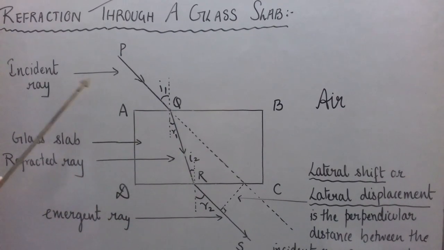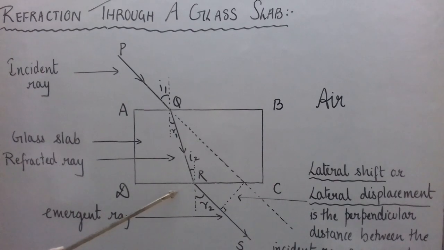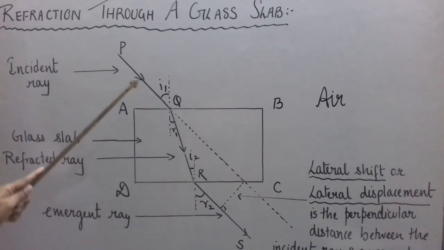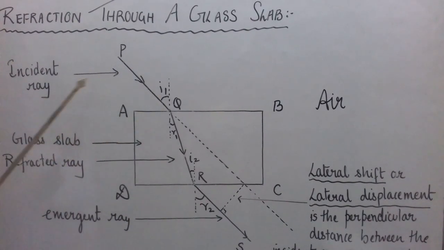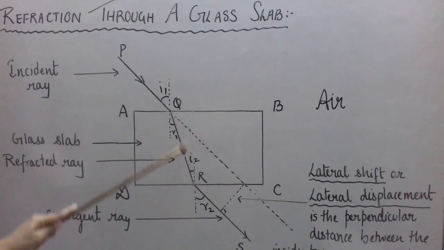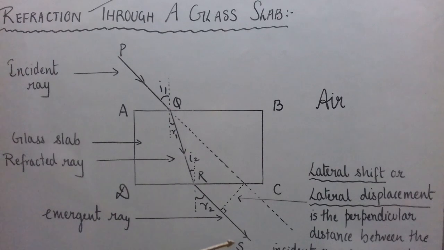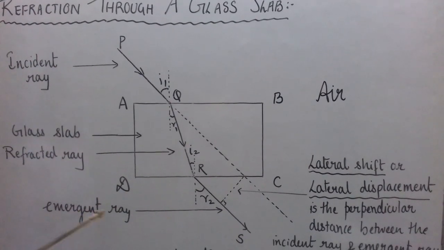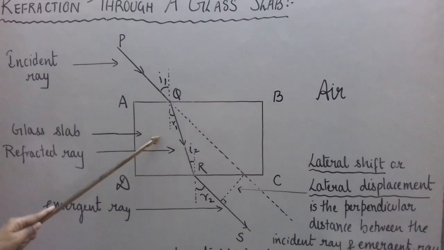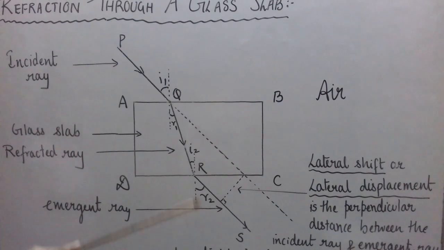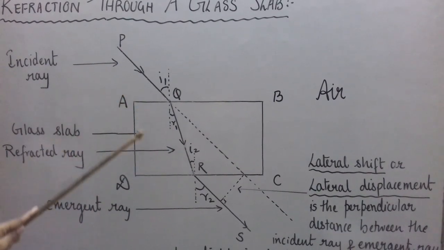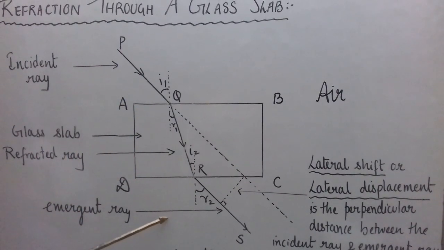But still, when light passes through a slab, we give special names to these rays. I'll call PQ the incident ray, QR the refracted ray, and RS the emergent ray, as this ray emerges out of the glass slab. So I have named them incident, refracted and emergent rays.